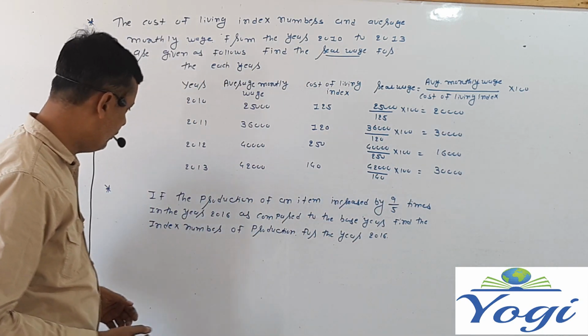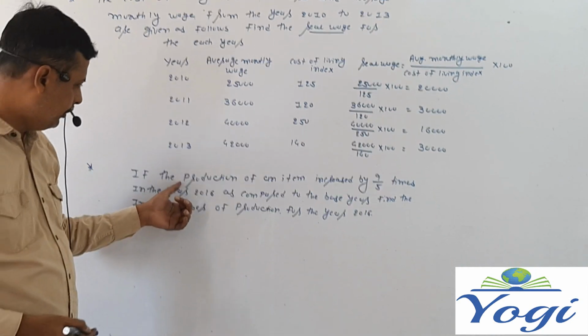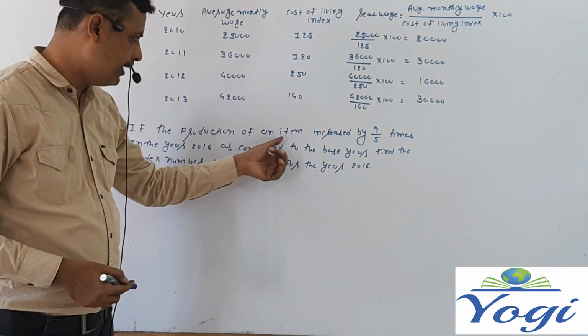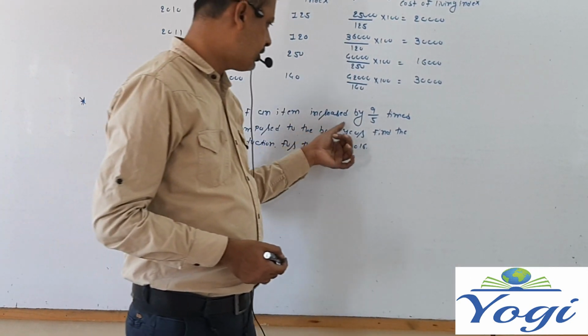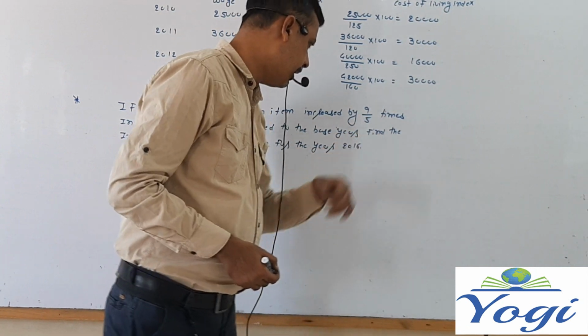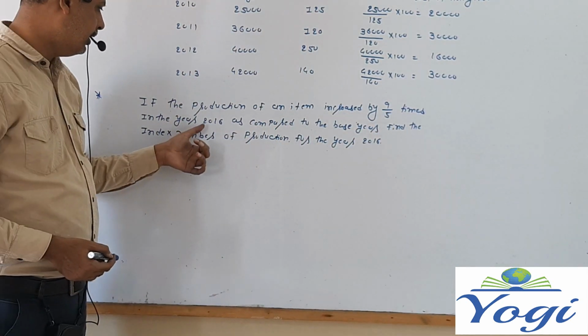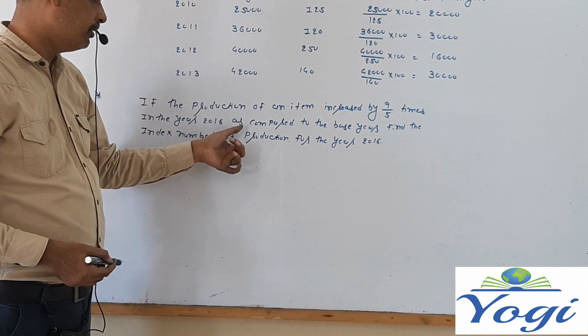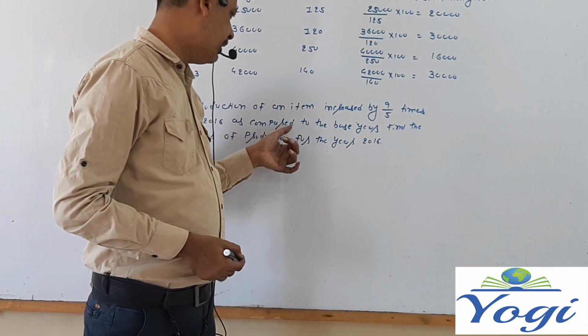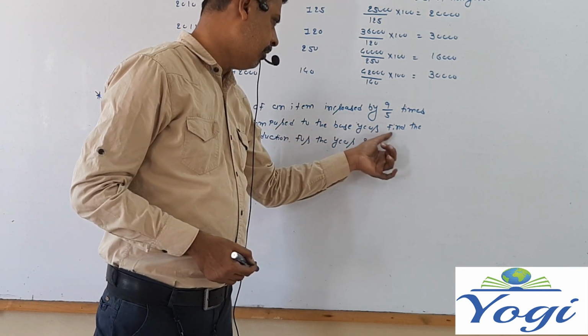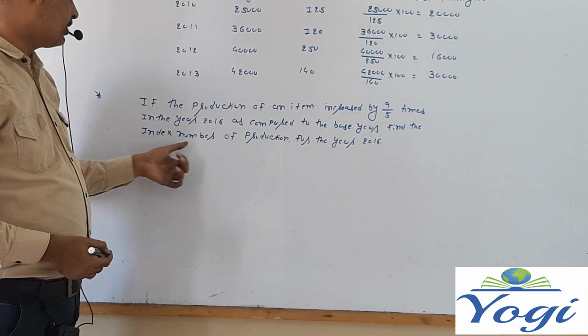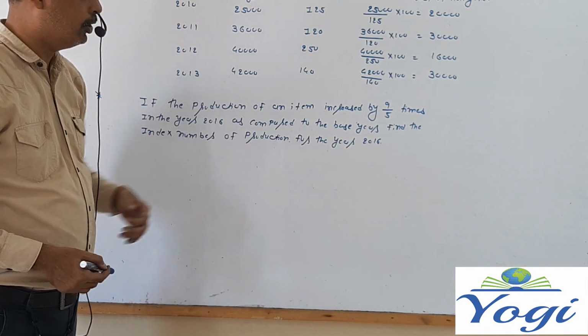In our next example, if the production of an item increased by 5 times in the year 2016 as compared to the base year, find the index number of production for the year 2016.